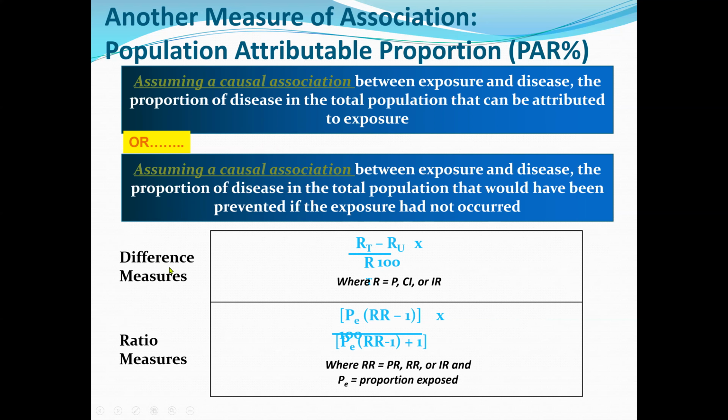Absolute measures go with the difference measures. So here we can have RT minus RU, and to get the percentage we multiply by 100. RT stands for the risk for the whole total population, and RU is the risk for the unexposed.